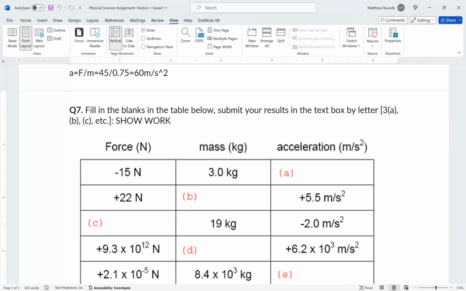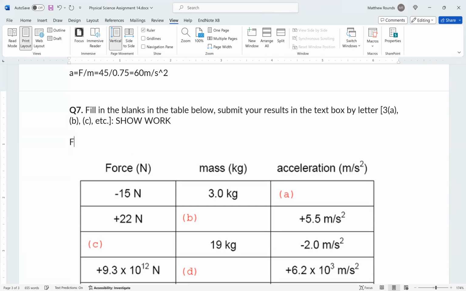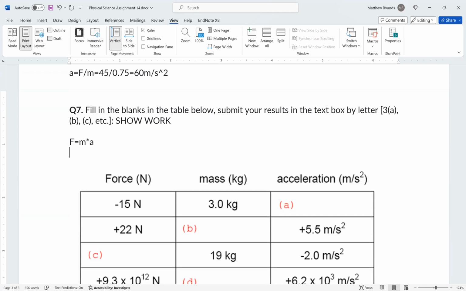This is a table of force, mass, and acceleration. So there are three equations. Force equals mass times acceleration. And if you solve this for mass, mass is equal to force divided by acceleration.